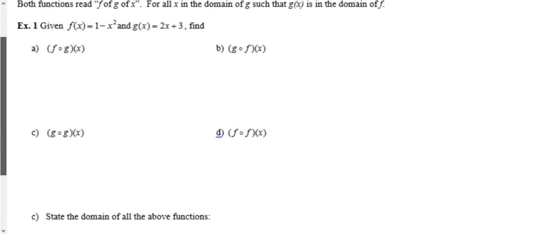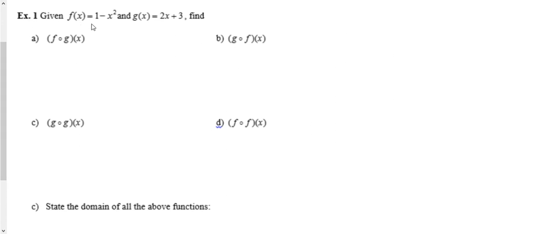So let's go. This first example, I gave you f of x and g of x. We're going to figure out f of g of x. That means I'm going to take my function g of x and sub it into f of x. So g of x was 2x plus 3, f of x is 1 minus x squared.